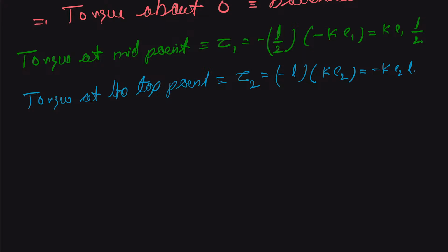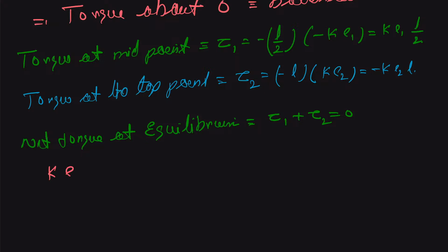Now for our equilibrium, we can say our net torque at equilibrium, tau 1 plus tau 2, will be equal to 0. So we simply substitute the values, and we get K E1 L by 2 minus K E2 L is equal to 0.